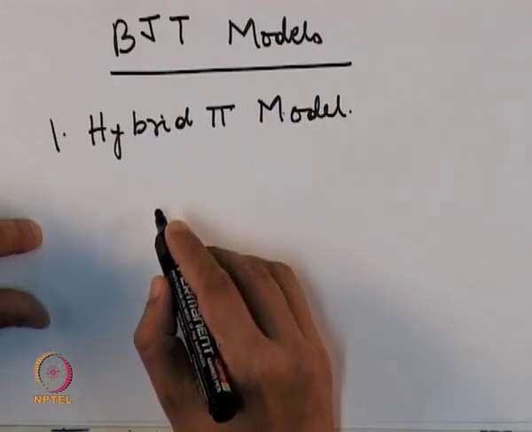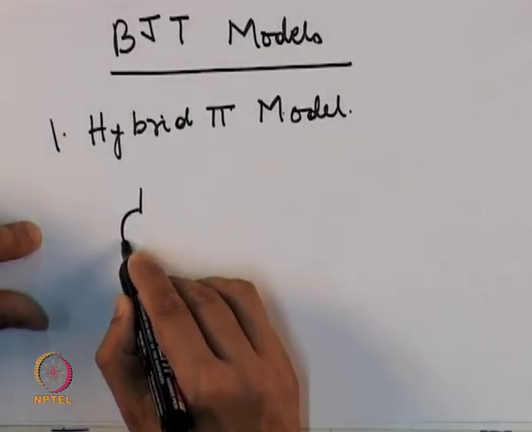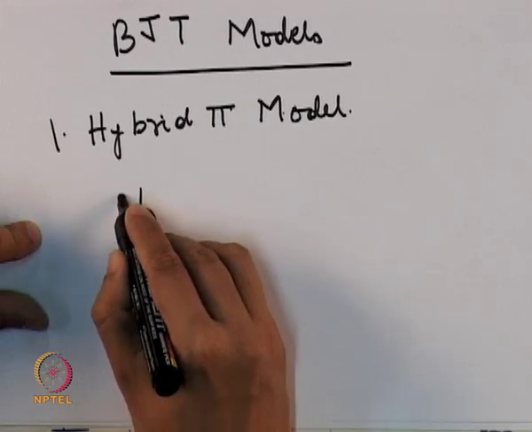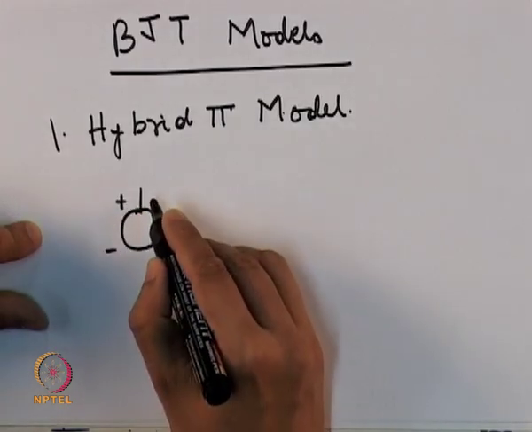So, in this module, let us first consider a BJT which is connected with proper bias voltages and currents.